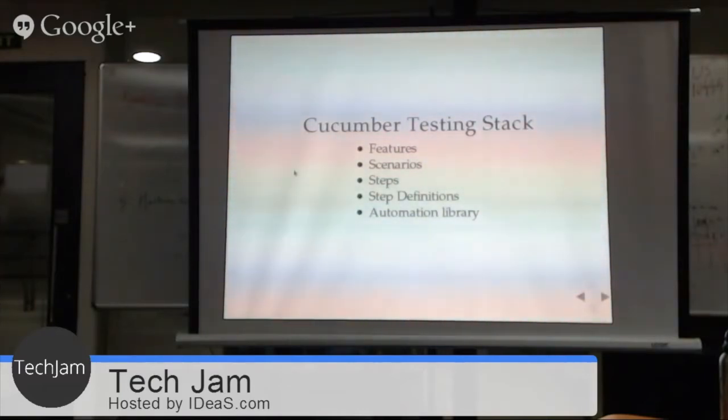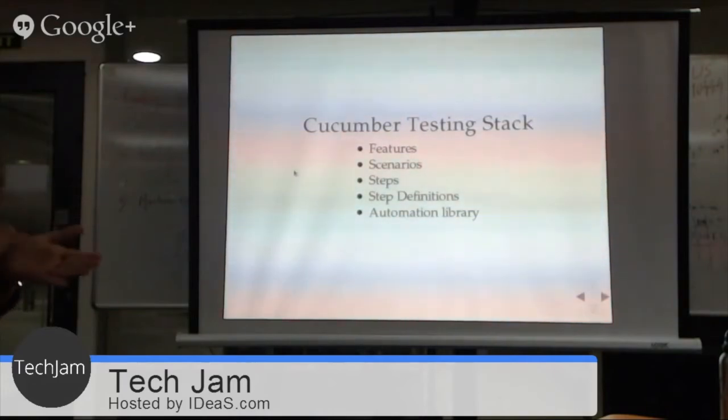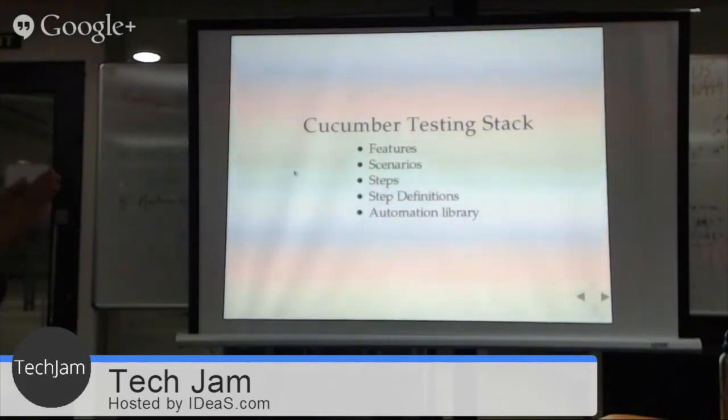Then, in order to implement those steps, you have step definitions. Step definitions are nothing but the implementation of your steps in code, which interacts with your system. So the step definitions are the code that you write.